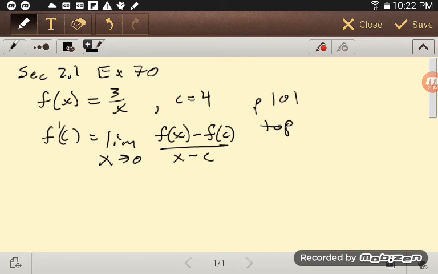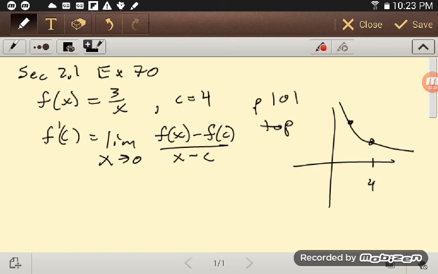If I'm drawing this, 3 over x looks something like this, and here's 4, so this would be at 3/4 in height. x could be above or below; I'll draw x below the 4.